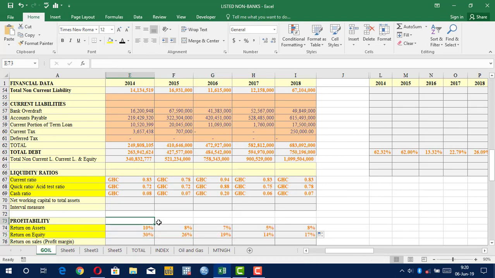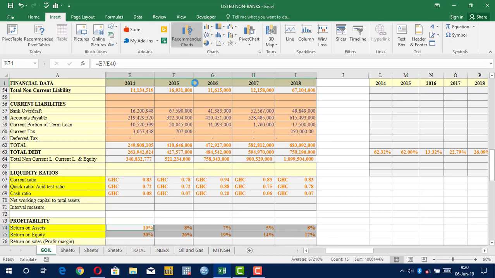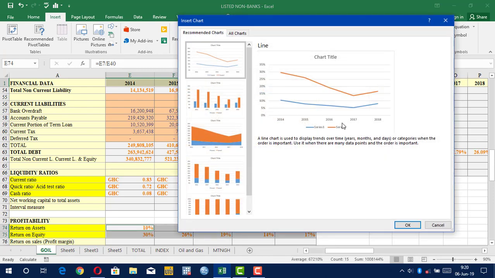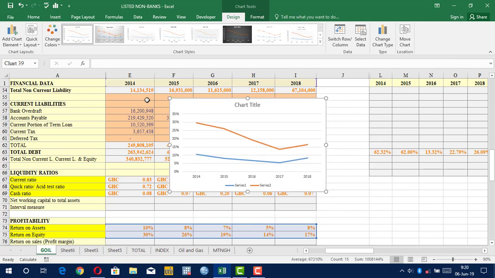Now these figures mean a lot to investors, and they can be presented in two forms, either as percentages as we see here, or in the form of currencies.